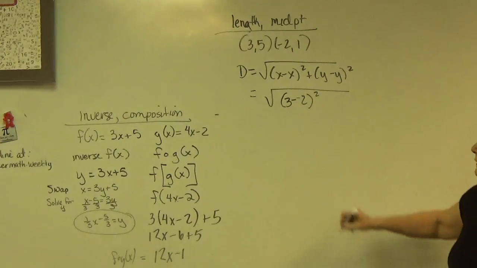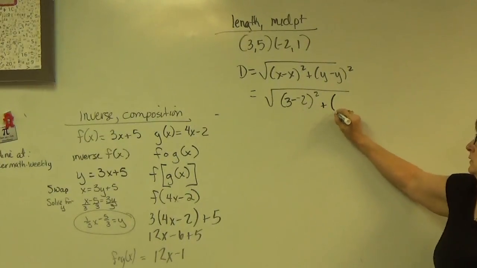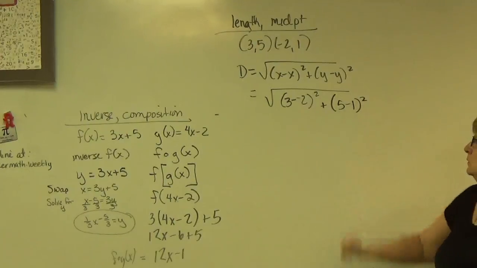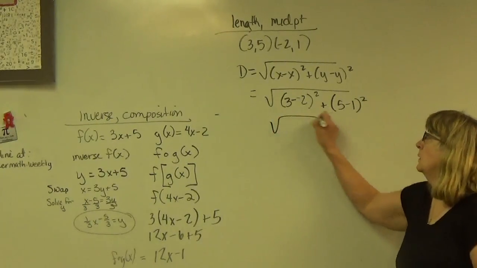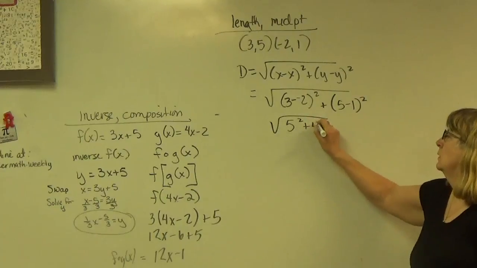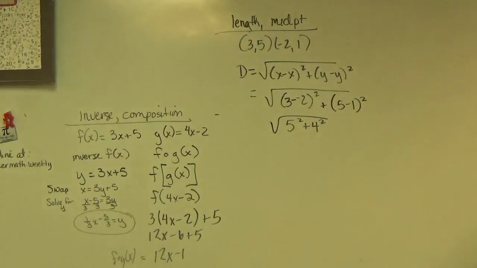And what are my y's? So now what's 3 subtract 5, plus 4, squared. Okay, let Nicholas catch up. And then you guys can do what at this point?